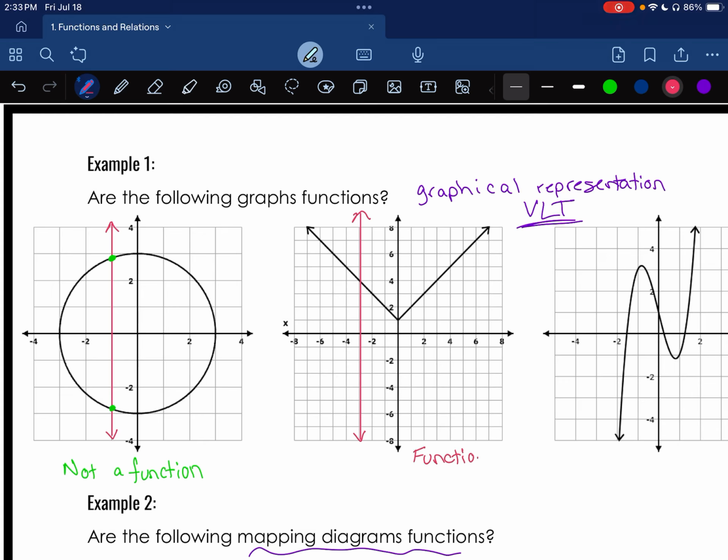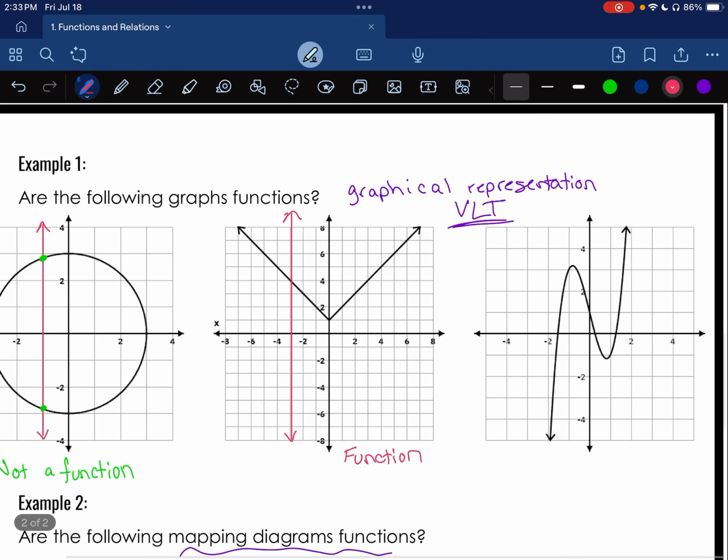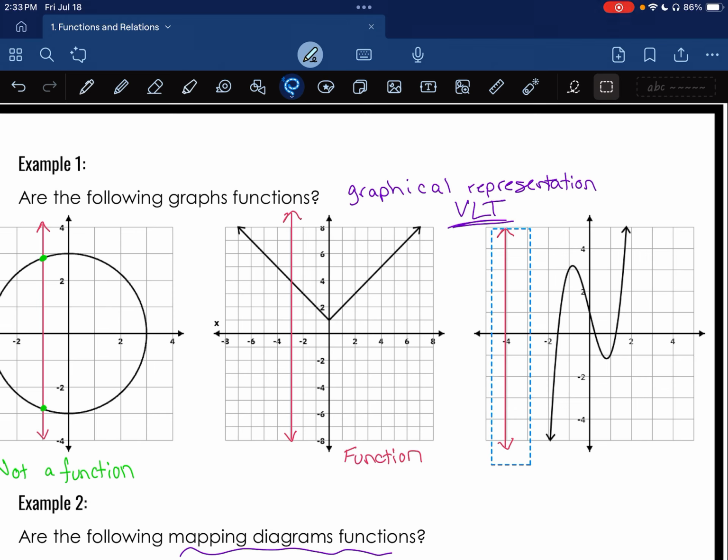All right, and then one more here. Drawing another vertical line. All right, I'm gonna drag this guy along. This guy's got a lot of curves to it.